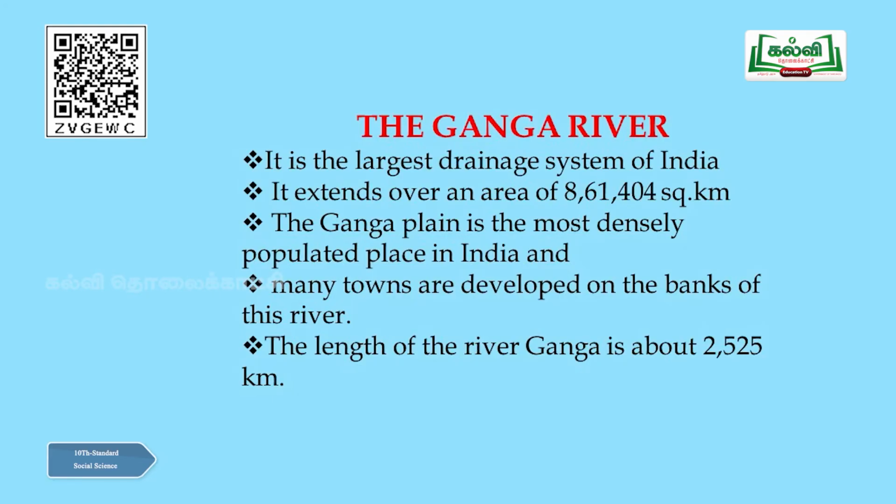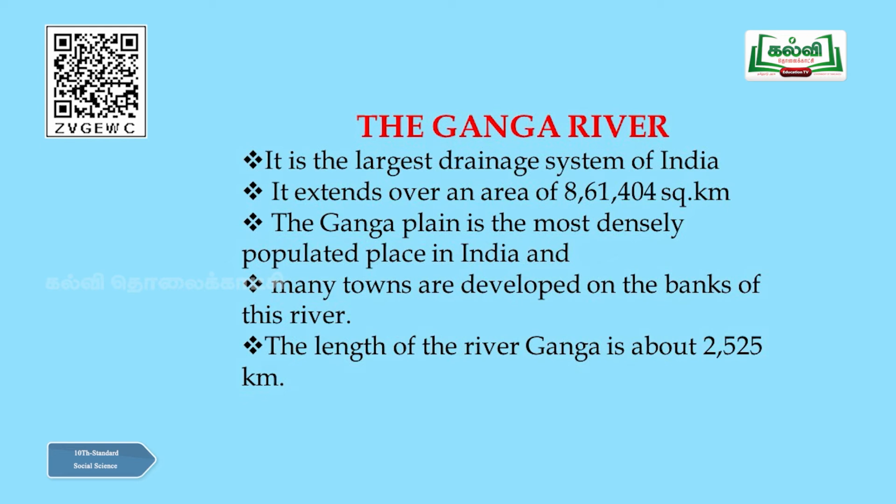The second main river system of Himalayan rivers is the Ganga river. It is the largest drainage system of India. It extends over an area of 8,61,404 square kilometer. The Ganga plain is the most densely populated place in India. Why? Because it has several important characteristic features.